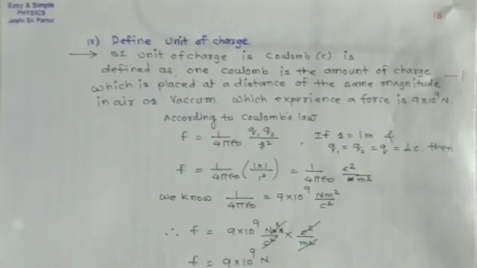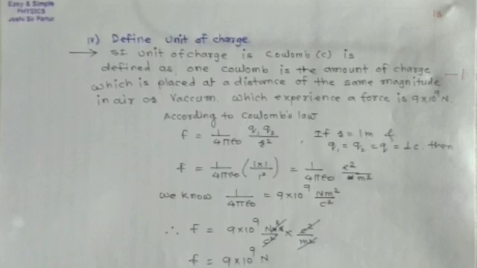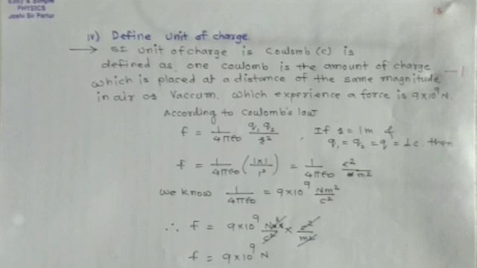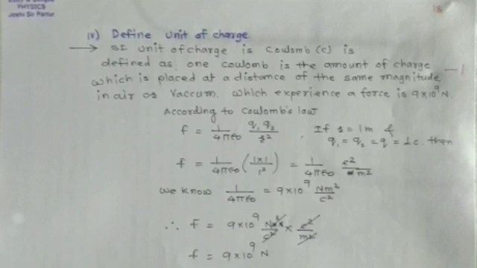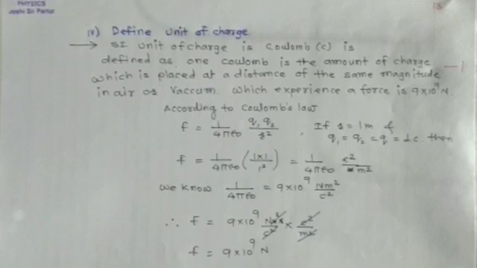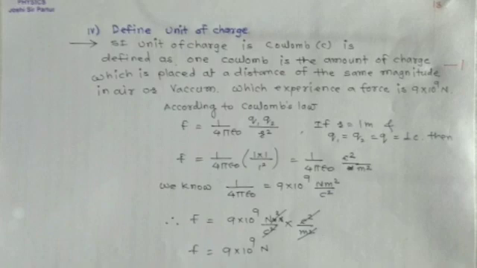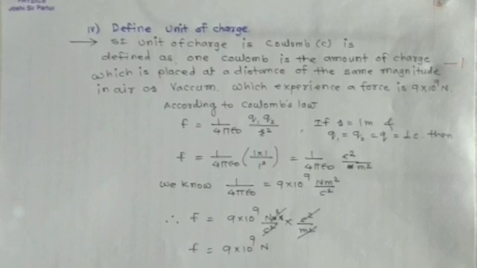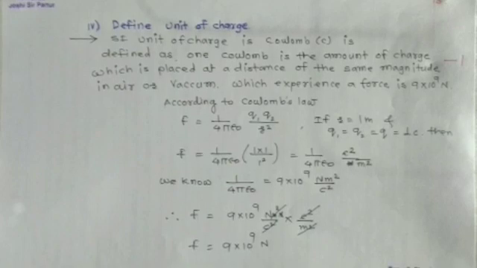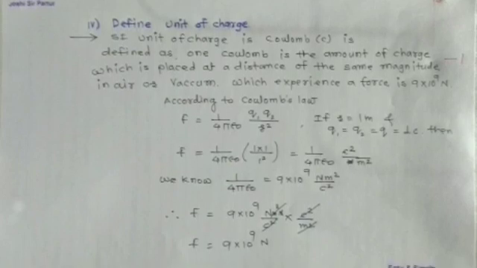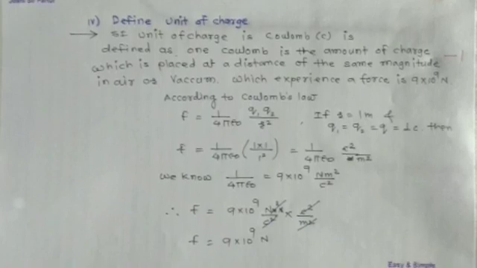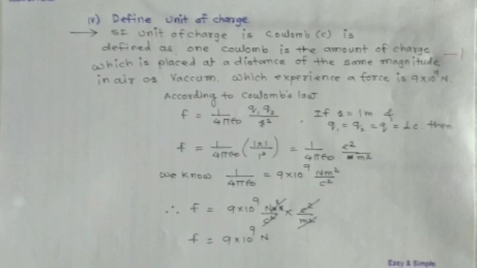Question number 4 is: define unit of charge. Answer: the SI unit of charge is coulomb. It is defined as: 1 coulomb is the amount of charge which, when two such charges of the same magnitude are placed 1 meter apart in air or vacuum, experience a force of 9 into 10 raised to 9 Newton.